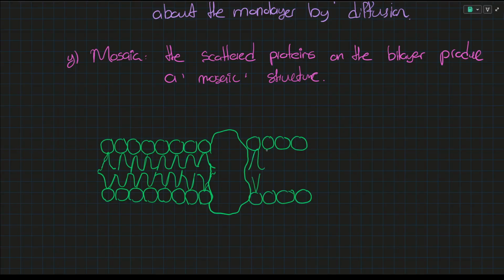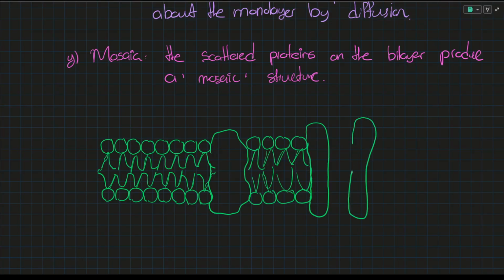These are the tails of the phospholipids. You don't have to perfectly draw them. That's not an issue if you don't draw them perfectly. It's just the idea. Now I'll draw another protein. So this is something known as a channel protein. I will discuss all these specific types of proteins in more detail. So it's another protein, and we can continue the bilayer again.